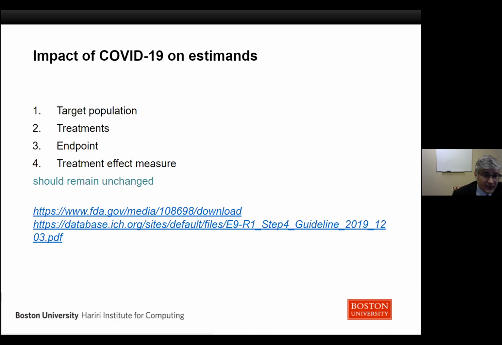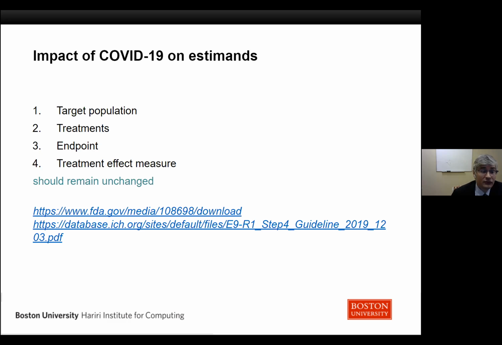I wanted to say that when we conceived the protocol before the beginning of the pandemic, the intent, of course, was to produce a treatment effect in a world without COVID-19. So it's not written in the protocol, but that was the intent. And so it seems reasonable to keep that objective as much as possible.